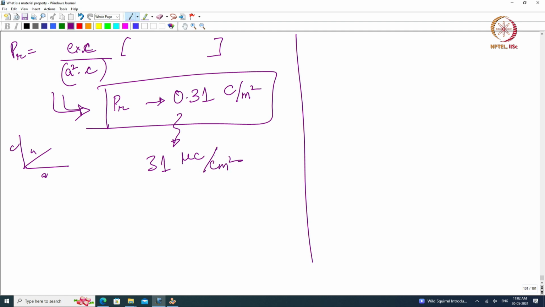You have about 31 microcoulomb per centimeter square, that is the spontaneous polarization in barium titanate. If I am switching from plus 31 to minus 31 microcoulomb per centimeter square, then I can think of making devices where plus 31 is a bit 1 and minus 31 is a bit 0. So, I can make a memory out of such ferroelectric materials.